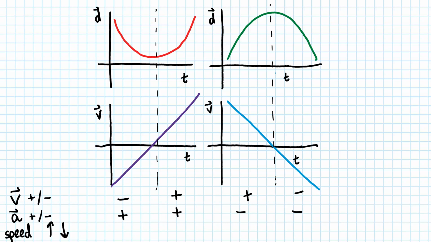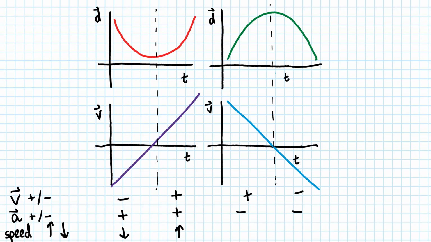Now, when are the objects speeding up or slowing down? As velocity gets close to 0, that means it's slowing down. Further away from 0, it's speeding up. So if we go from far away from 0, or a big negative number, to 0, that means we're slowing down. But on the other part of the graph, we go from 0 to a high number for velocity, that means we're speeding up.